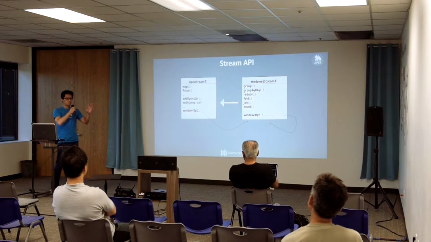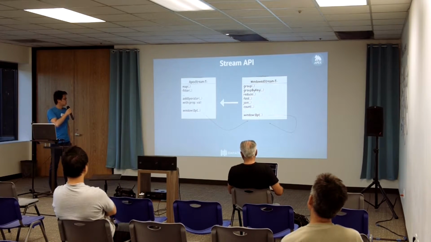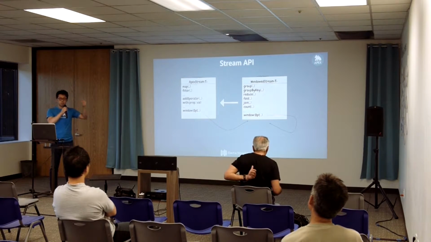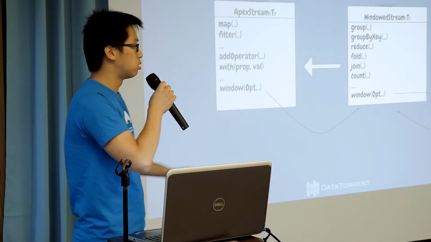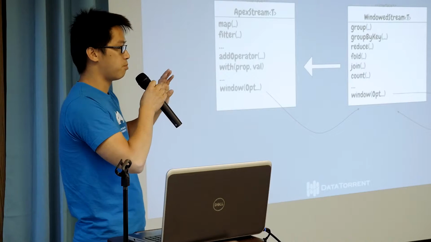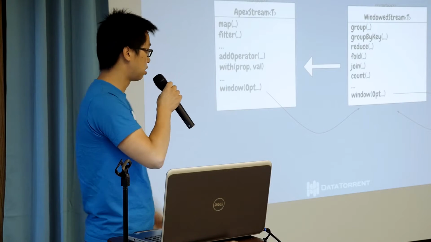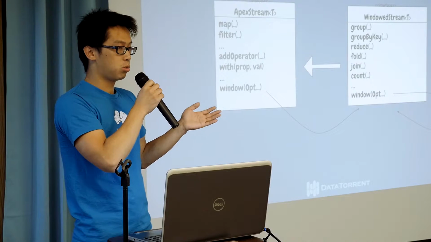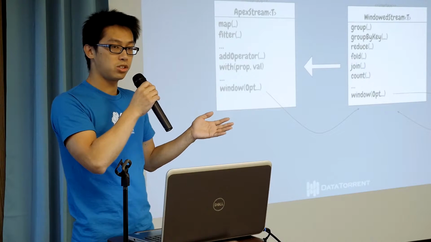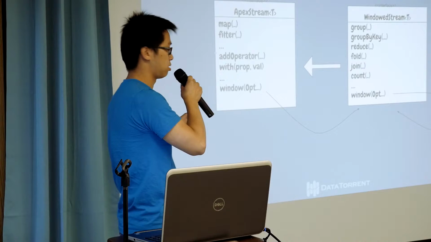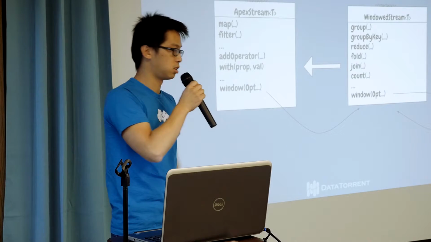Let's put input and output aside and talk about the middle part, the transformation. Usually the transformation can be divided into two different categories. One is what we call stateless transformation, and the other is stateful transformation, or windowed transformation.